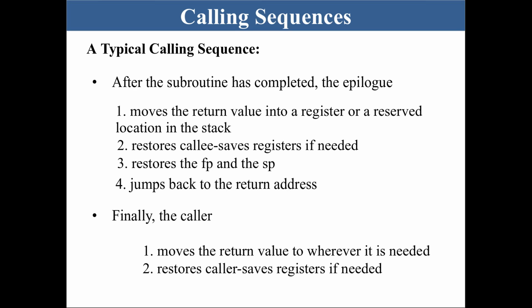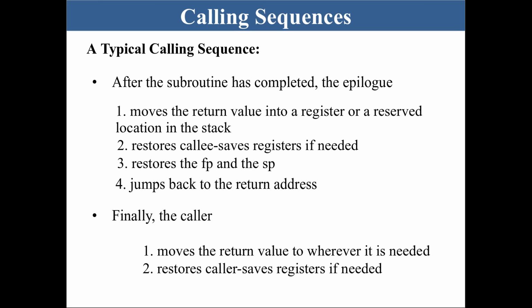Then after the subroutine has completed, the epilogue moves the return value, if there is any, into a register or a reserved location in the stack, and it restores the callee-saves registers if needed, and it restores the frame pointer and the stack pointer, and the epilogue jumps back to the return address.